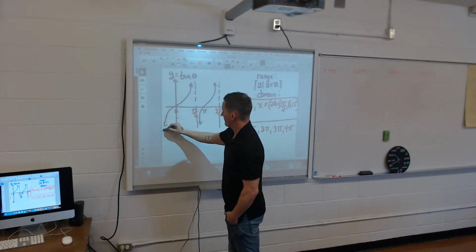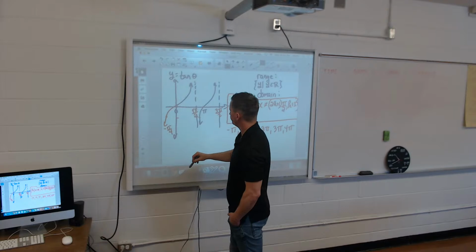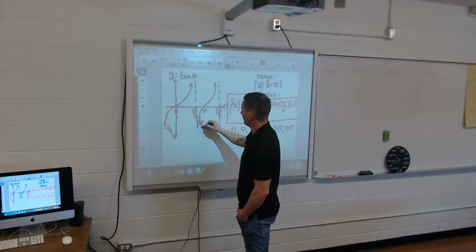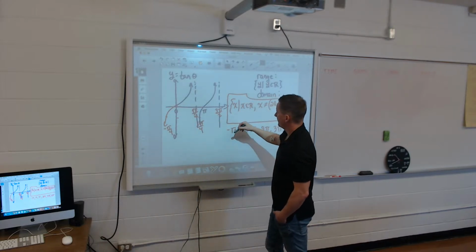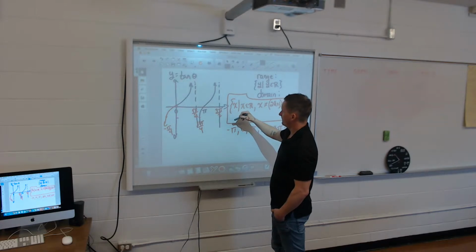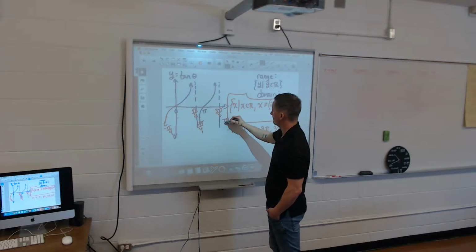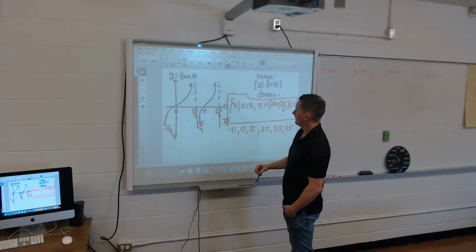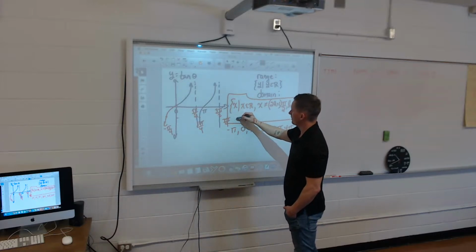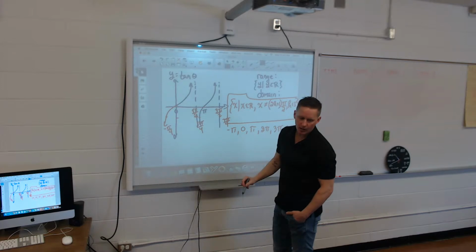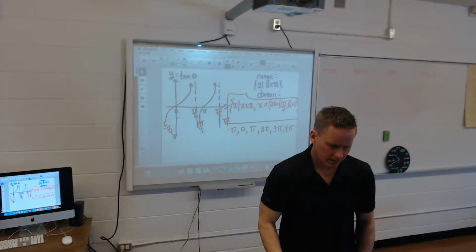So in this case, it would be minus pi over 4 here, 3 pi over 4 here. Where's the next one? It would be at 7 pi over 4, and then the next one would be 11 pi over 4. So at the bottom of the page, if you're filling that in, you can do that.